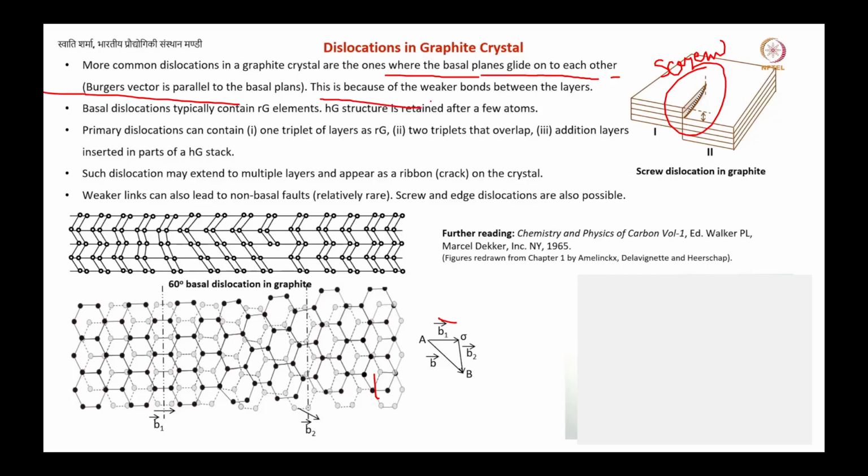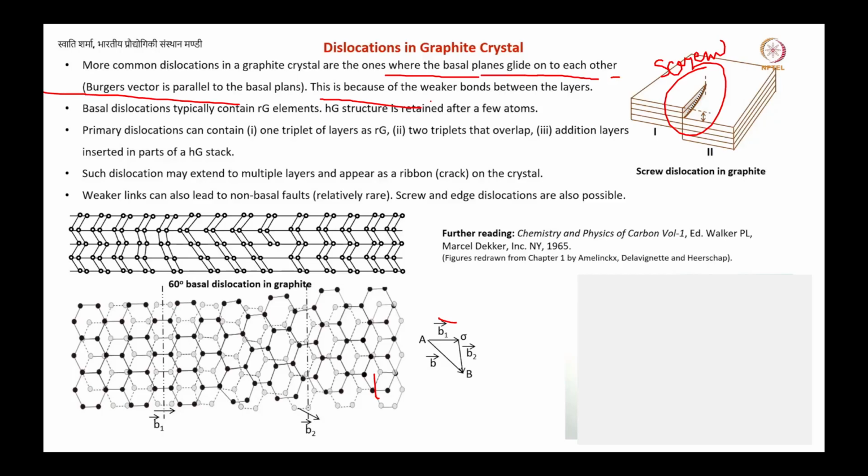Basal dislocations typically contain rhombohedral graphite elements, and the hexagonal graphite structure is retained after a few atoms. Primary dislocations can contain one triplet layer of RG, two triplet layers that overlap, or an additional layer inserted in the parts of your HG stack. So it is mainly about how the structures are arranged. Such dislocations may extend to multiple layers and appear as a crack on the crystal.